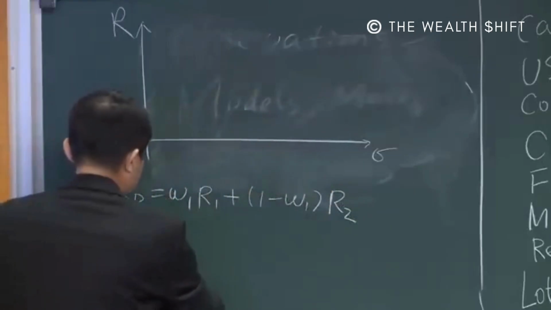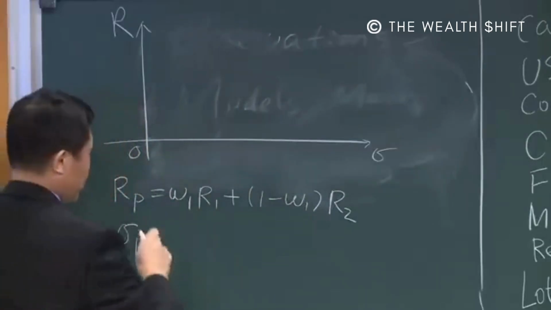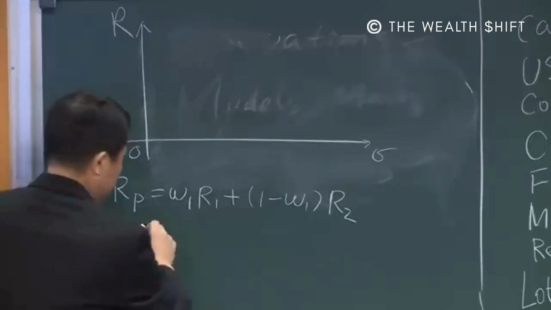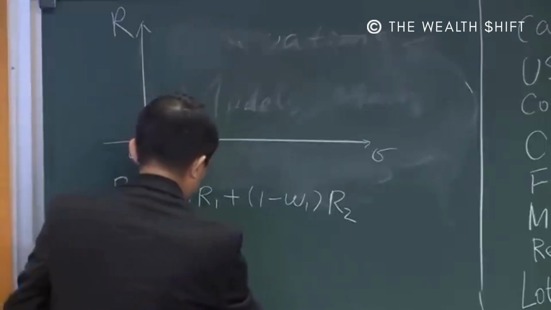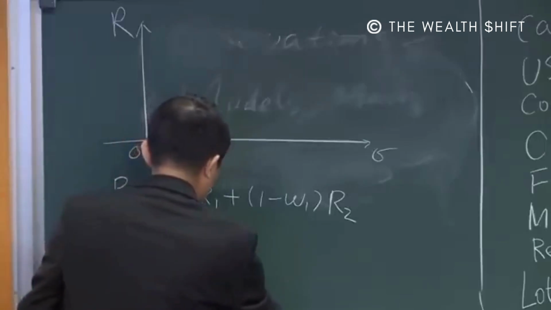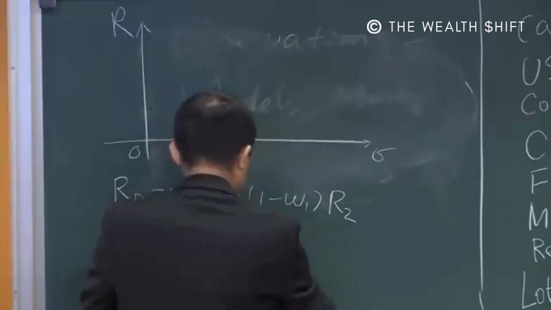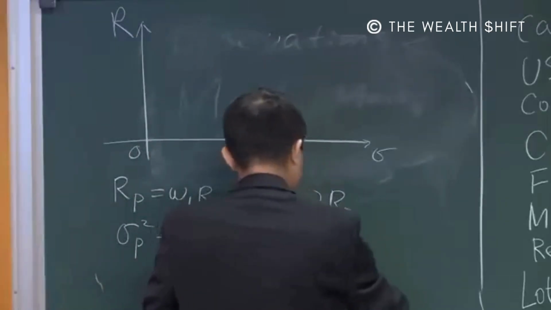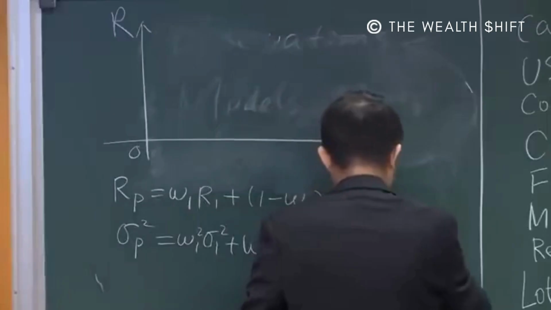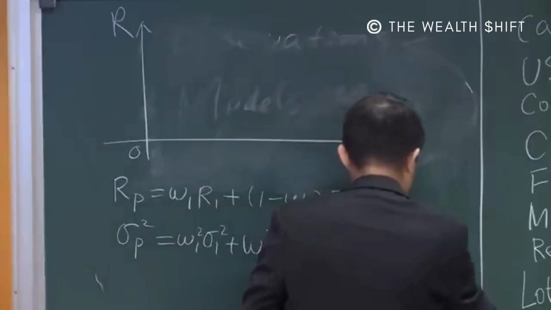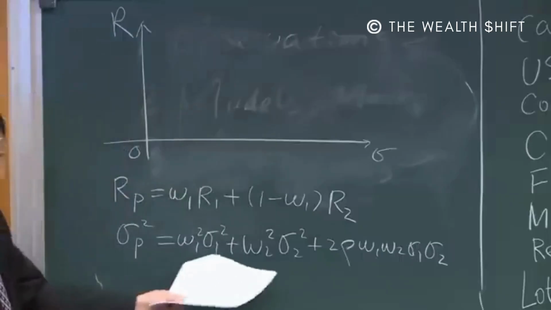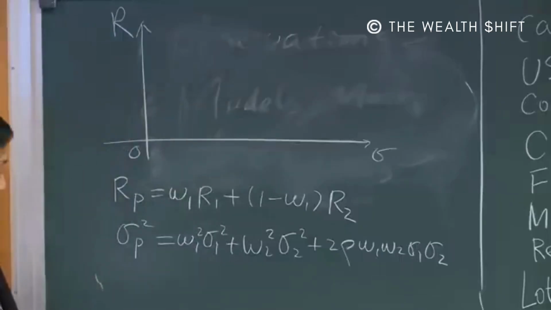And what is sigma P? The standard deviation of the portfolio, or the variance of that, which is the square, we know that's for the two asset class special case.